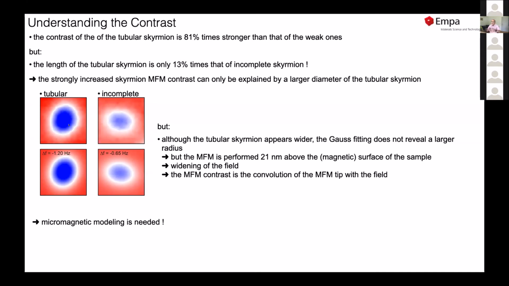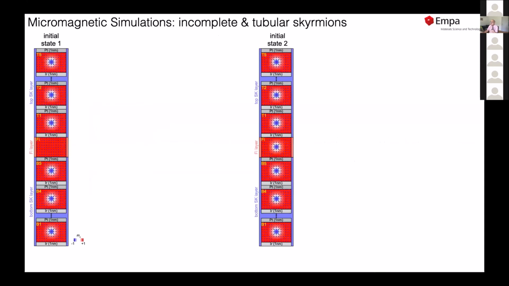Well, probably the radius is larger. But if you look at the images and do the Gauss fitting, you actually find pretty much the same radius. But this may be attributed to the MFM, which is performed 21 nanometers above the topmost magnetic layer. And of course, the stray field widens up, and so basically you end up with the two skyrmions looking almost the same apart from their very distinct contrast. So clearly, micromagnetic modeling is needed.